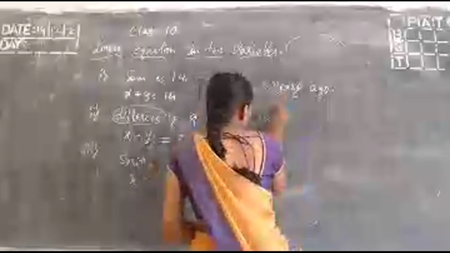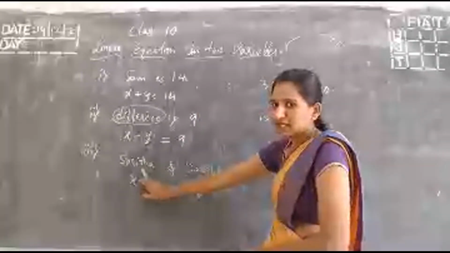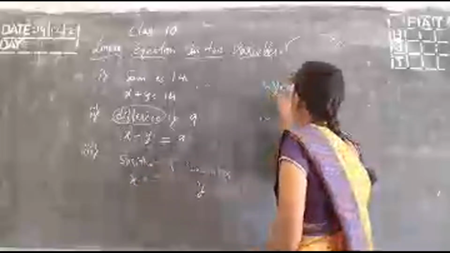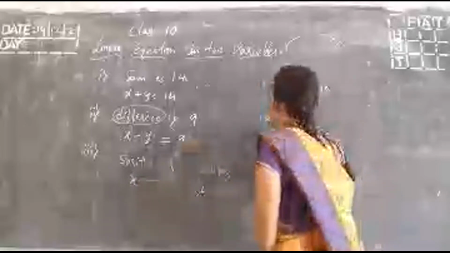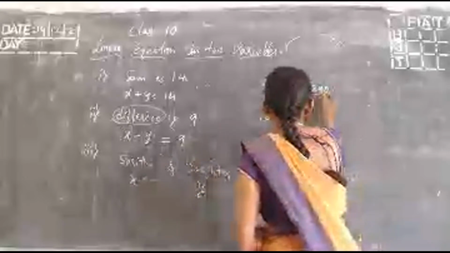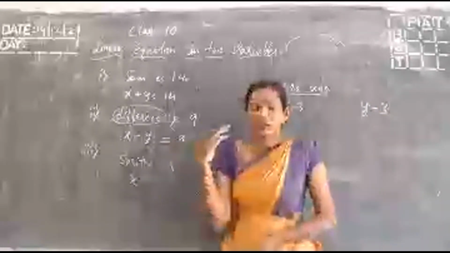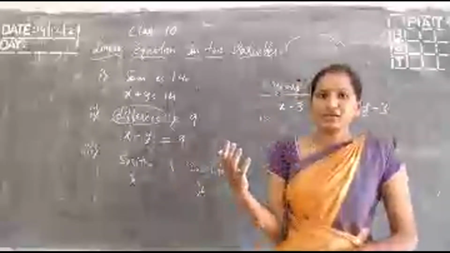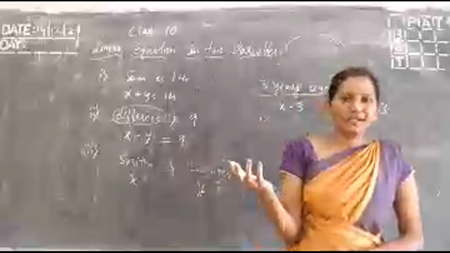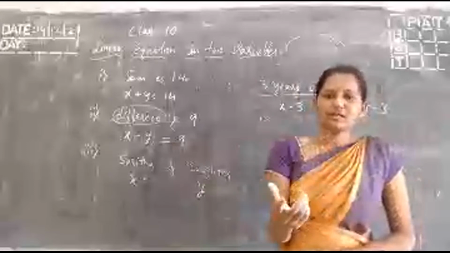That is x minus 3. Her daughter's age 3 years ago is y minus 3. While reading the statements, you will understand.